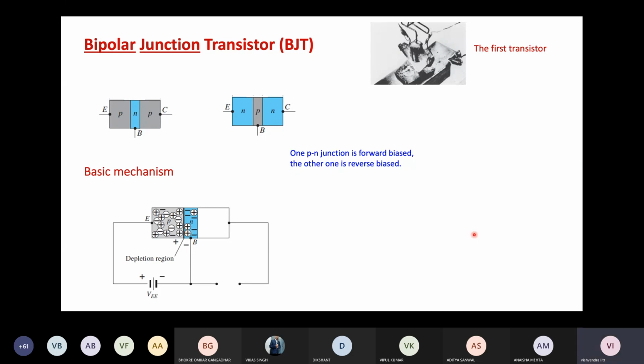And what happens in forward bias, if you recall from our earlier discussion on diode theory, is that the diffusion of charge carriers is high. From the circuit perspective it behaves like a short circuit, but from the charge carriers' perspective, the majority carrier diffusion current is increased quite significantly.